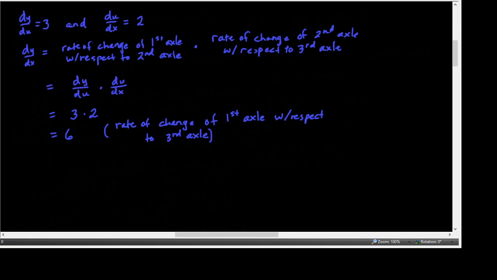In other words, the rate of change of y with respect to x is the product of the rate of change of y with respect to u and the rate of change of u with respect to x.